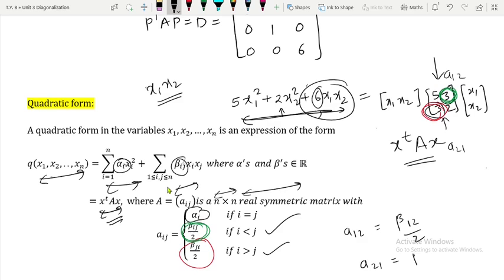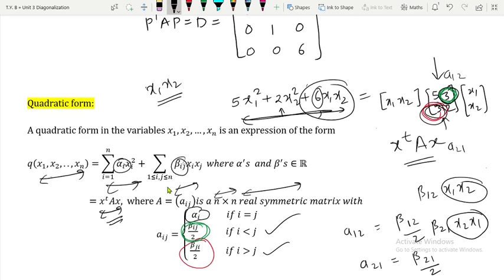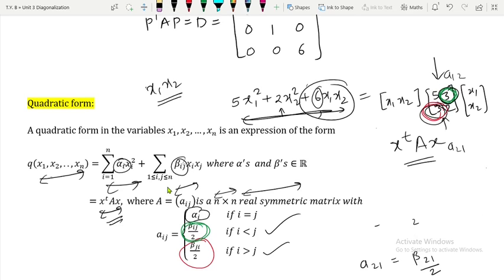My a21 will be beta 21 upon 2. But beta 12 and beta 21 are exactly the same, because beta 12 is the coefficient of x1 x2, and beta 21 is the coefficient of x2 x1, but x2 x1 is the same as x1 x2. So that is the reason this entry and this entry come out to be equal. Yeah, so this is how it is.